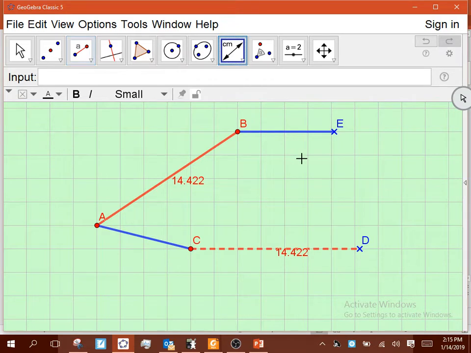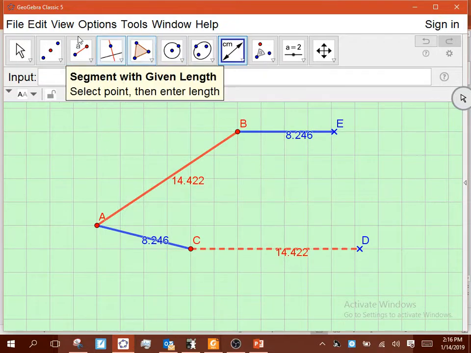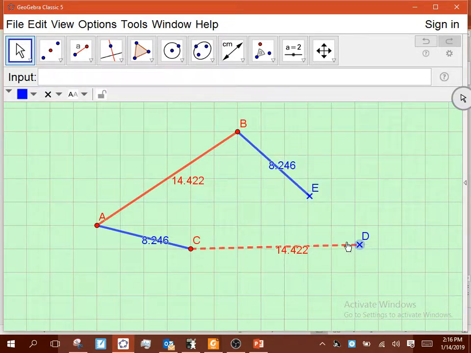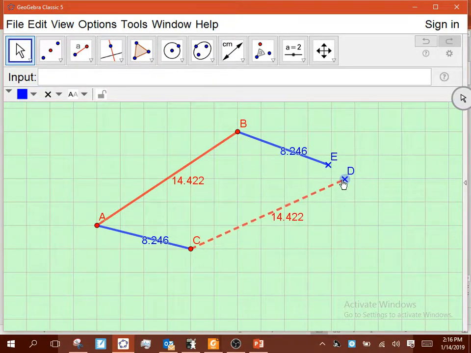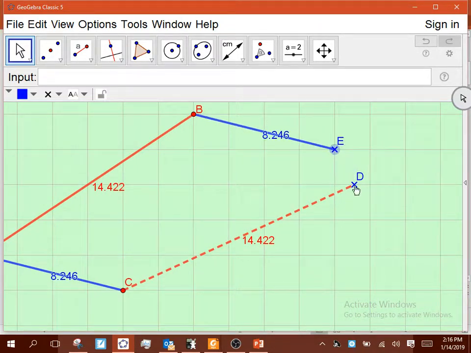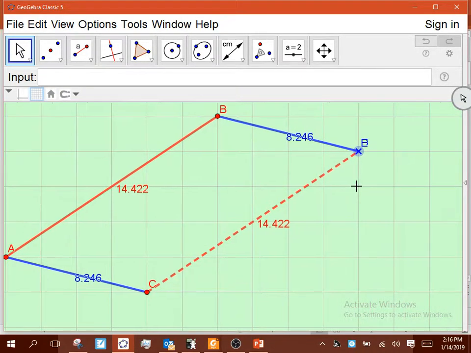Would you agree that that blue distance is the same as that blue distance? But do I have a polygon right now? No. So the only way that I can make a polygon is to make these things touch, right? So let's see if I can make E, I think it's got to go there, and D go there.